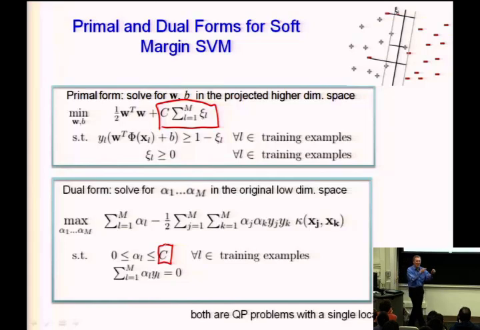If you flip back through the slides, you'll notice when we were doing the hard margin classification, we had a constraint that said the alphas had to be non-negative, but we didn't bound how large they could be. Now when we introduce this soft margin, we're bounding how big the alphas can be. But it turns out that's really the only difference. It's kind of surprising. And again, Bishop's book has the derivation of this if you want to go through it. And then happily, these things are still quadratic programming problems, so everything still carries through nicely.